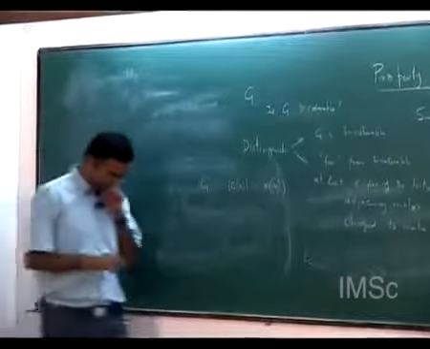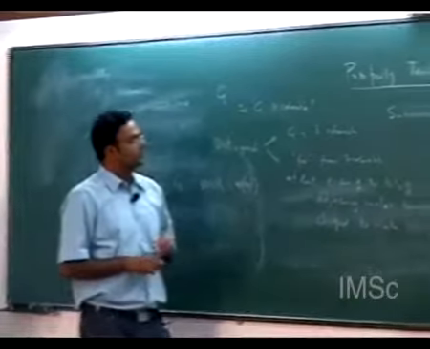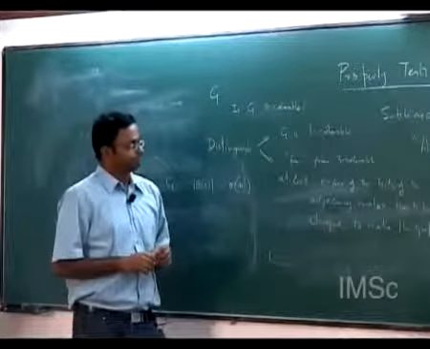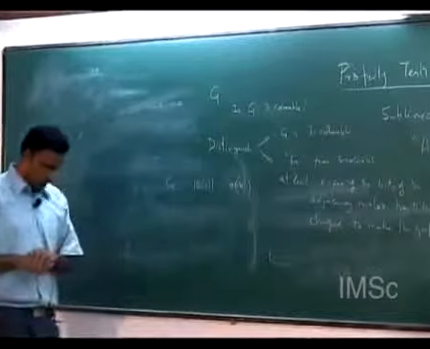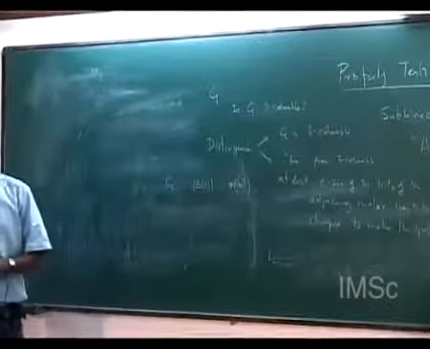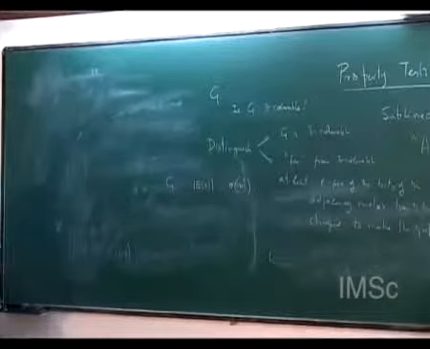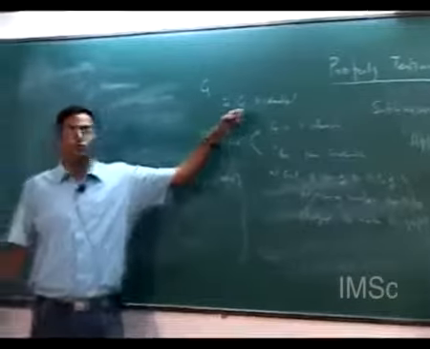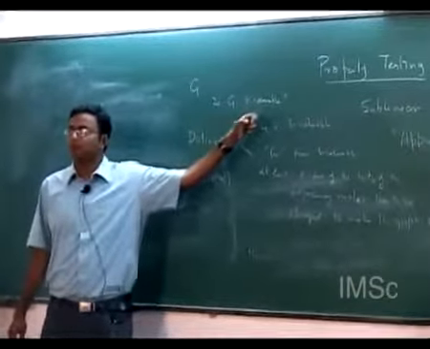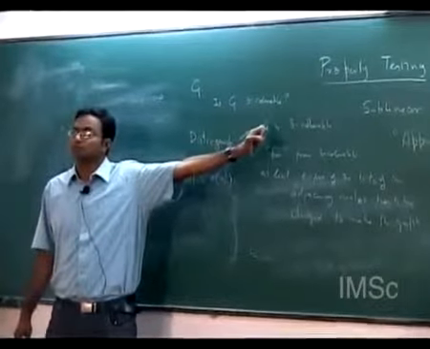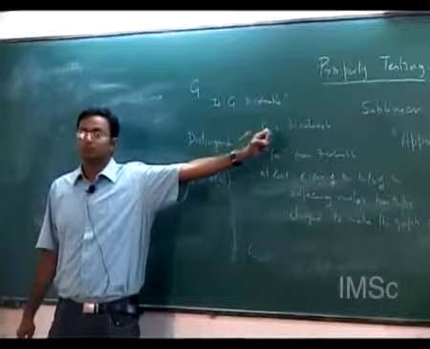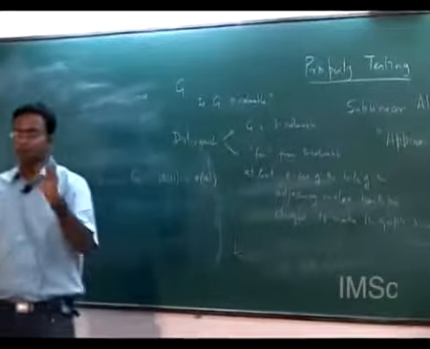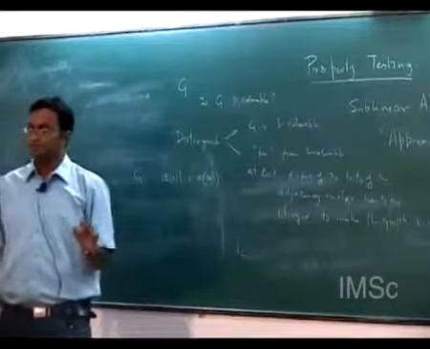I have 10 more minutes, no? Can take some time. Okay, so I will not prove this one, but I will prove 2 colorability. Now, what is 2 colorability? Bipartiteness. We will check for bipartiteness.